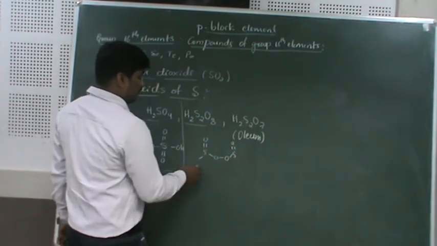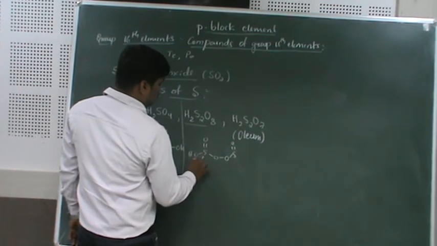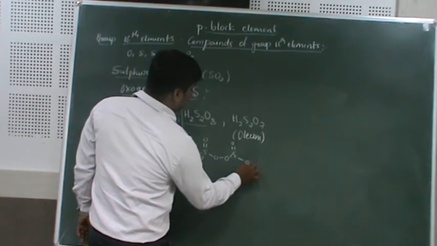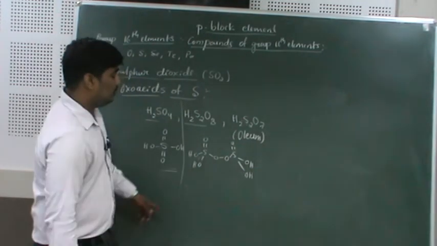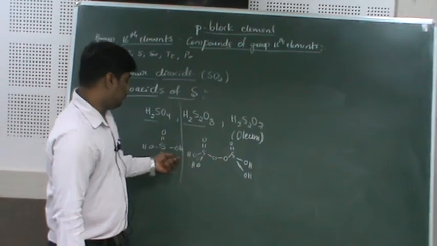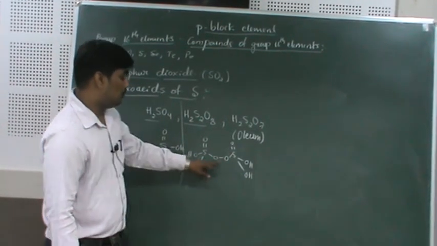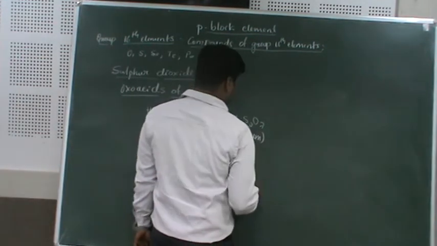Correct? How many hydrogens? 2 hydrogens, 2 OH. So this is the structure of peroxysulfuric acid, because these oxygens make a bond, this oxygen makes a bond.